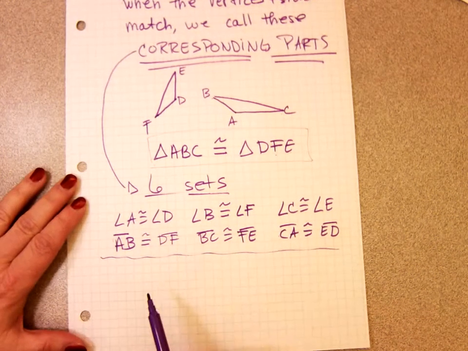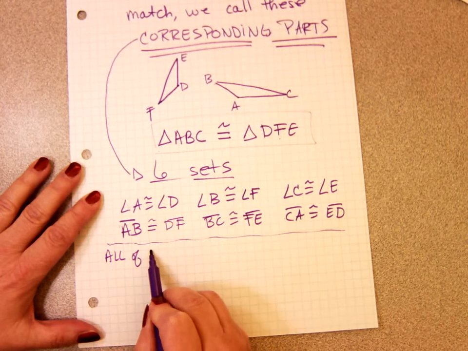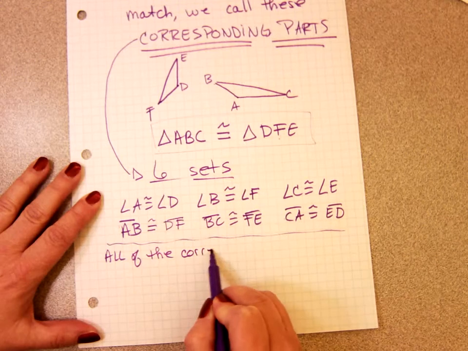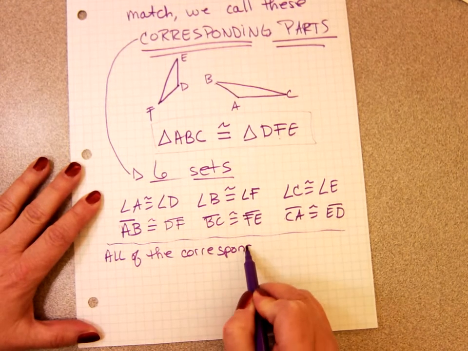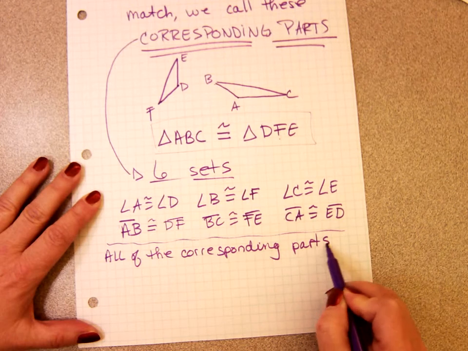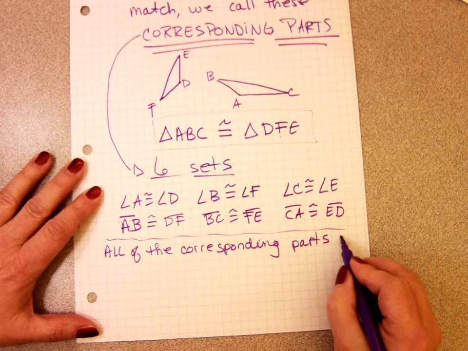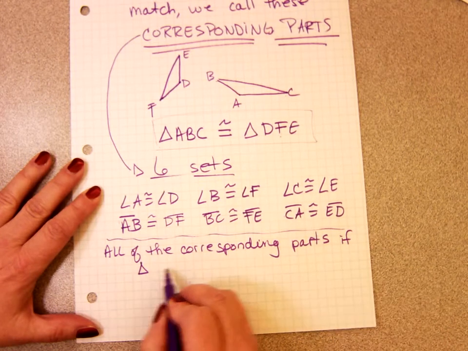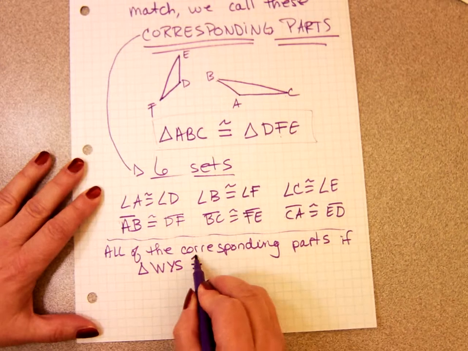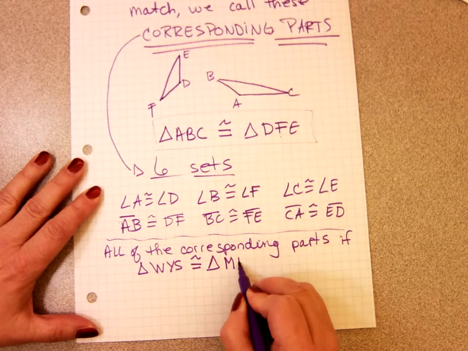Okay, so I want you now to find all of the corresponding parts if triangle WYS is congruent to triangle MKV.